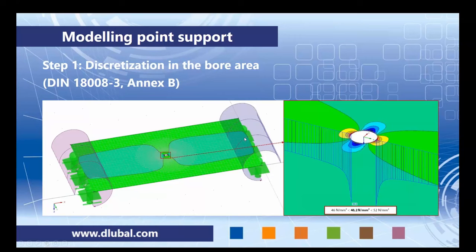Here, the standard defines a specific model with a given load and an accurately defined borehole, and the FE mesh has to be refined. You see that here, until the internal forces are within a certain range between 46 and 52 newtons per square millimeter. We get to 48.2, which is well within this range.